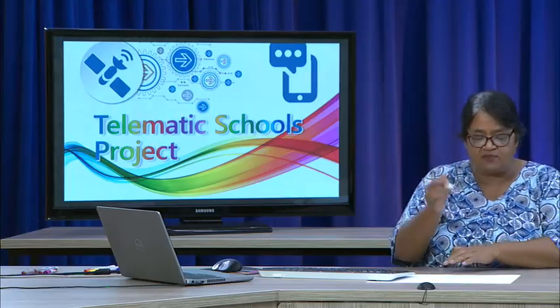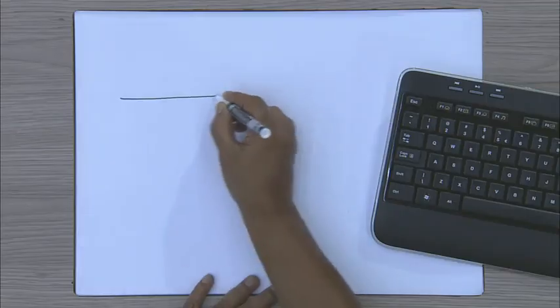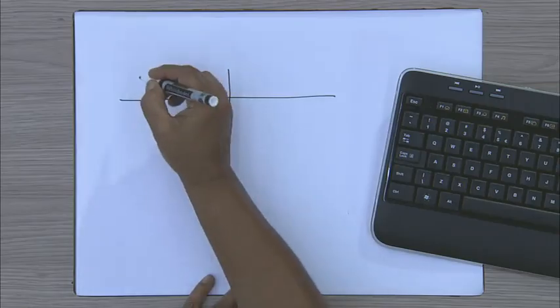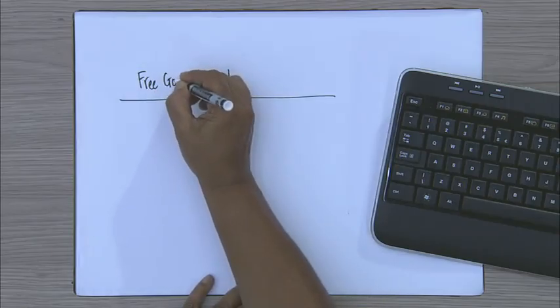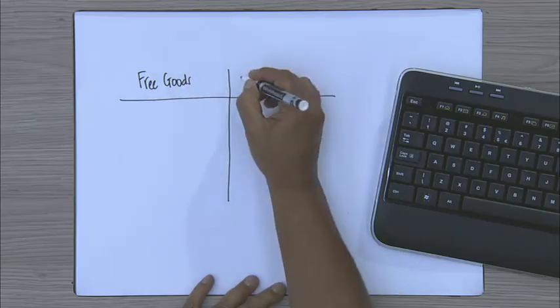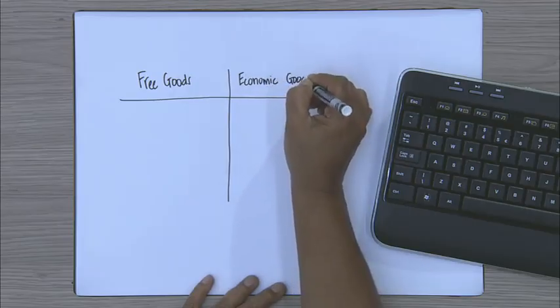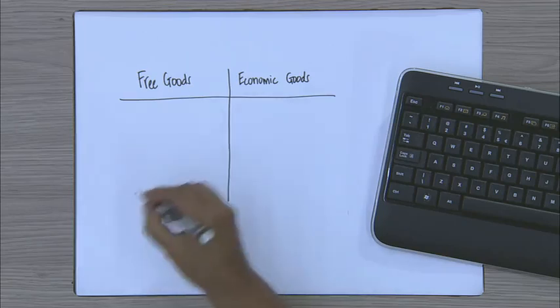And when it says tabulate, this is how we expect you to answer it. We expect you to draw a little table, and on the one side, you will write free goods, and on the other side of the table, you would put economic goods. Now, when you're answering in a table, you can't just write stuff.